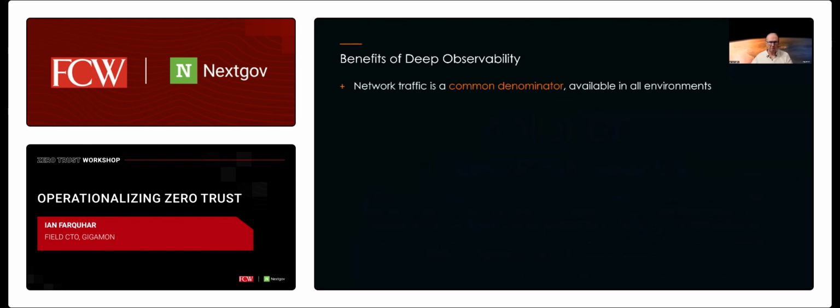The first one is to observe that in all the environments we deal with, cloud, the two types of cloud, public and private, and on-prem, a packet is a packet. While it's traveling over different media, we can process it in the same way. Therefore, it collapses the complexity, whereas we're dealing with multiple different logging types and different types of agents coming from all of these environments. The telemetry that can be generated by just generating network metadata is exactly the same across these environments. It makes the complexity disappear.